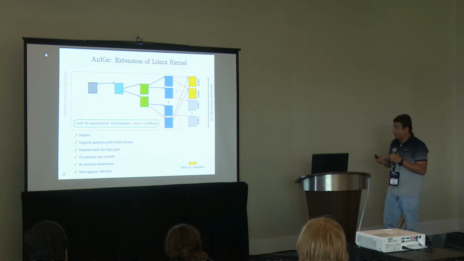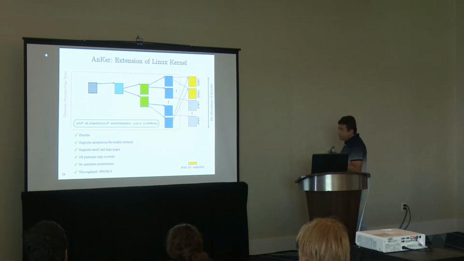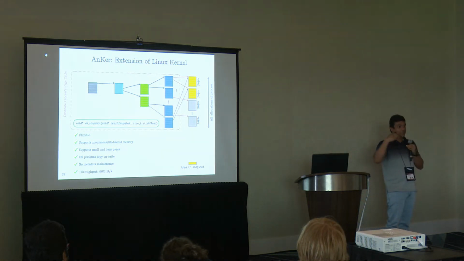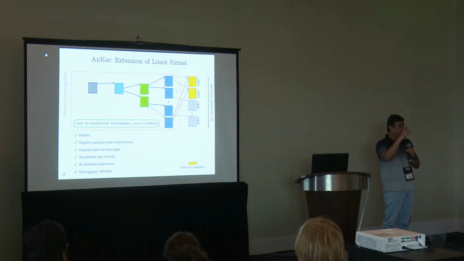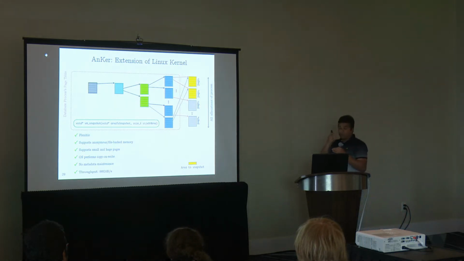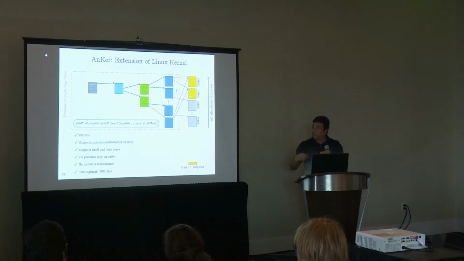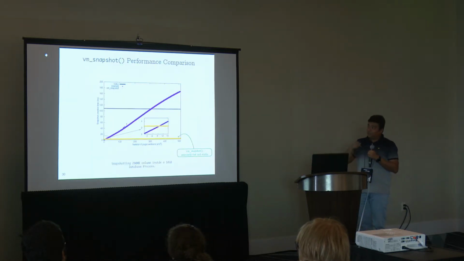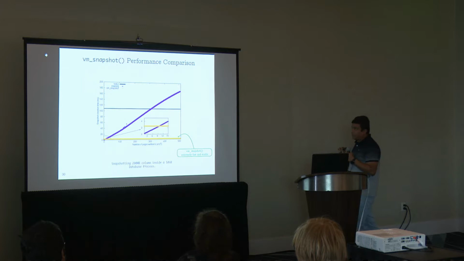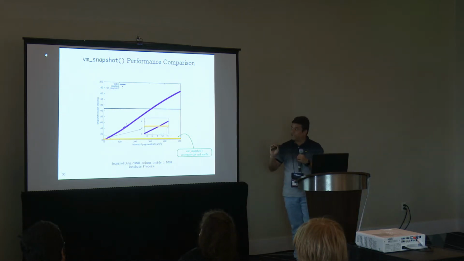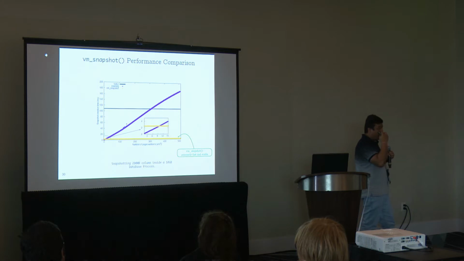The other big thing is that you have a throughput which is similar to fork, but is independent of the process size. So you can always say that I want to snapshot a single column for the query, or maybe a slice of the column, or a slice of the table, depending upon how you store the data. You can snapshot any part of the data at any time. If you compare the performance, it's very linear. In this plot, we have a 10 gigabyte process, and we want to snapshot only a 200 megabyte chunk of data.